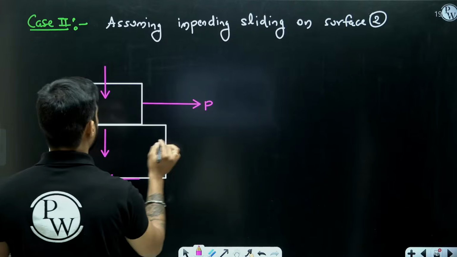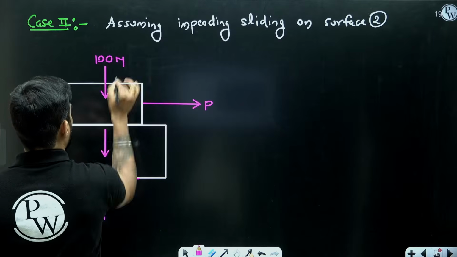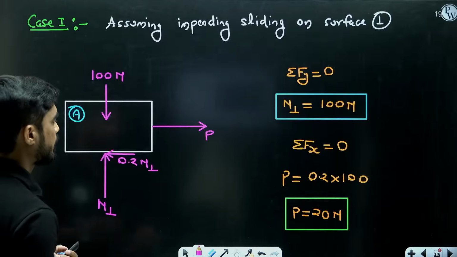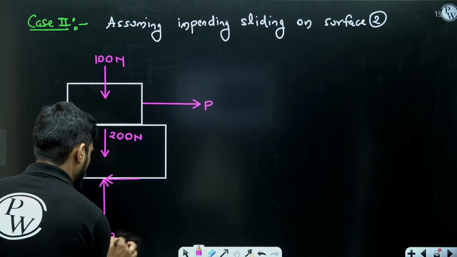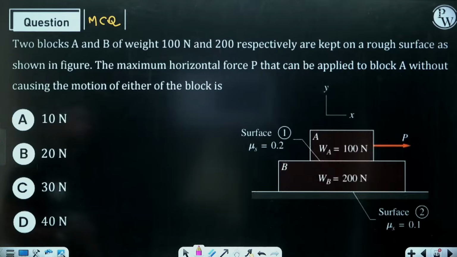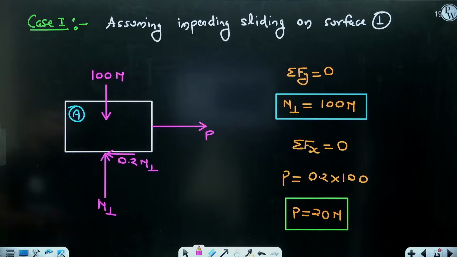This is P, this is 100 Newton, this is 200 Newton. This will be N2, and this will be 0.1 N2. Coefficient of friction at surface number 2 is 0.1.